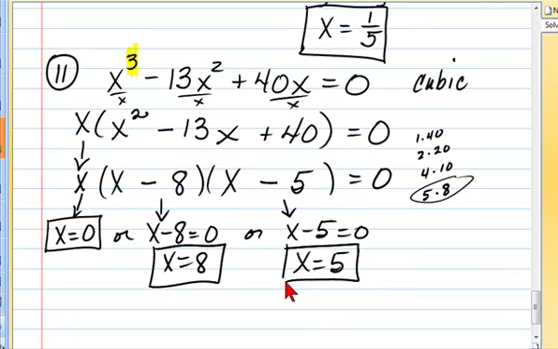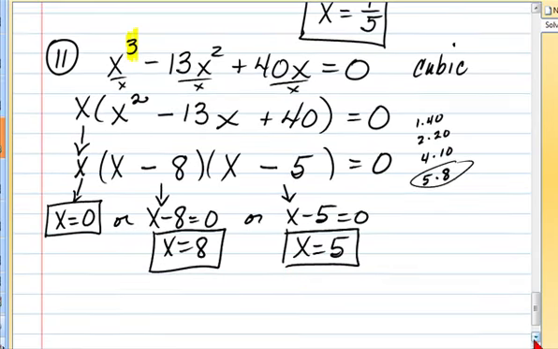How many answers did I get for a cubic equation? 3. Okay. Linear equation, the degree is 1, there's one answer. Quadratic equation, the degree is 2, 2 answers. Cubic equation, the degree is 3, and there are 3 answers.